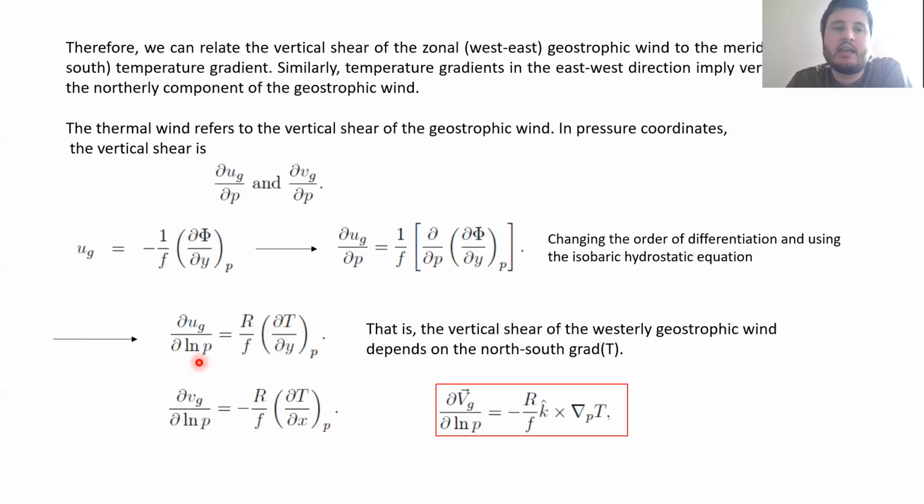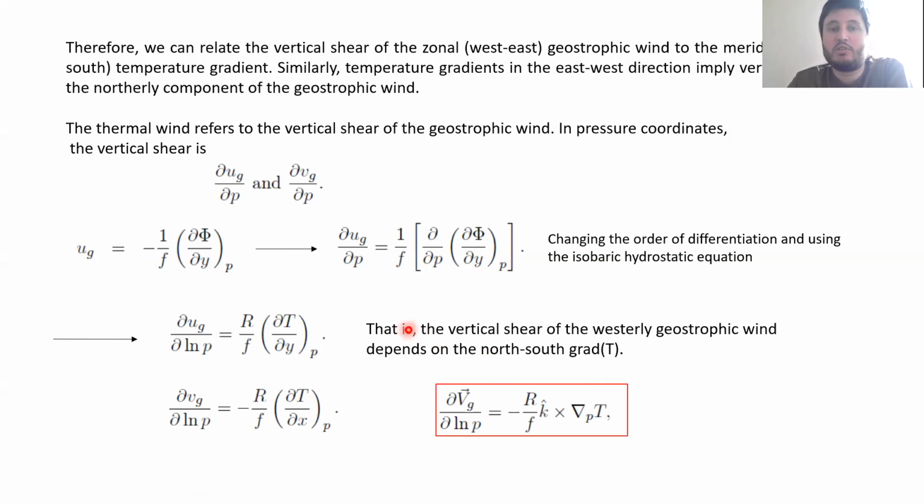So we see that the rate of change of the geostrophic wind with altitude is proportional to the meridional gradient of temperature. And this is for the zonal component, and this is for the meridional component, exactly the same, but in that case, the change of the meridional component of the geostrophic wind is proportional to the zonal gradient of temperature.